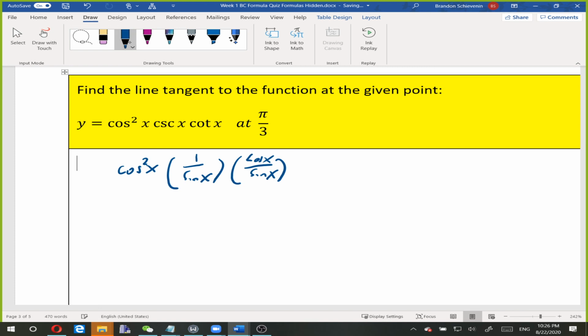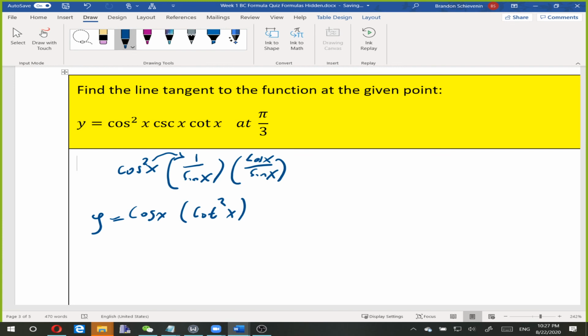So if I wanted to simplify this, I would take one of these cosines and move that here. So that would give me cosine x times cosine over sine, which is cotangent, times another cotangent. And now you've only got 2 parts for your y value instead of 3 parts.